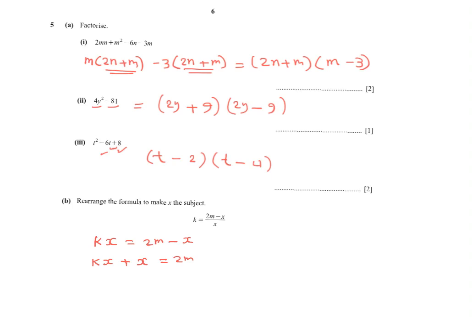Take the x common, so you have 1 here, so x times (k plus 1) equals m. Now divide both sides by k plus 1, so x equals m over k plus 1.